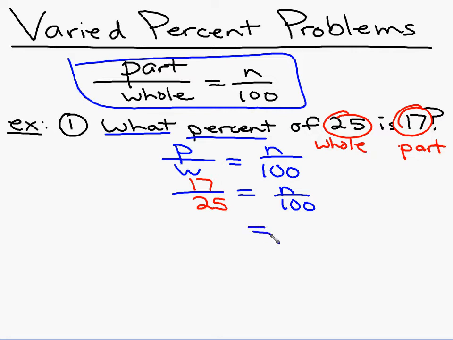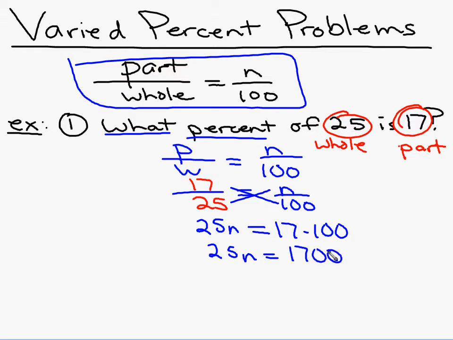Remember, you need to work down. I'm going to cross multiply, and I have 25n equals 17 times 100. So now I have 25n equals 1700. And one thing you're going to notice is that the number that's with n is not 100 anymore, is it? So to finish solving this, though, you still do the same thing.